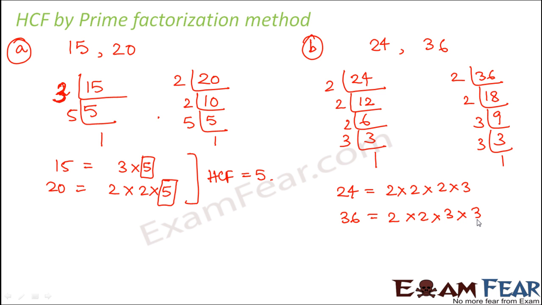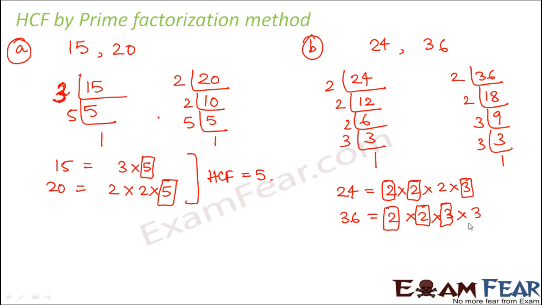Now tell me, what do you see in common? In this case, this 2 is common, 2 is here, 2 is also here. Do you see anything else common? This 2 is also common because 2 is here and 2 is here. Is this 2 common? Here you have a 2, but here you do not have a 2. So this is not common. Is this 3 common? Here you have a 3 and here also you have a 3.